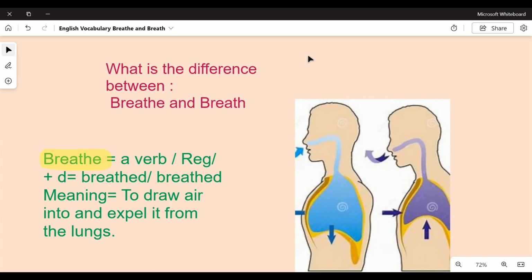Today we are going to talk about two basic words we use in our daily use of English: breathe and breath. So follow me to find the best difference and the best understanding of these words.